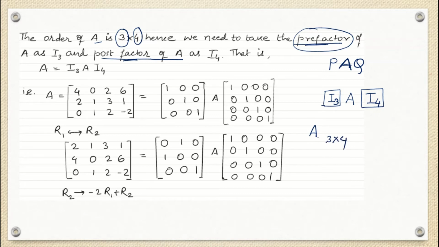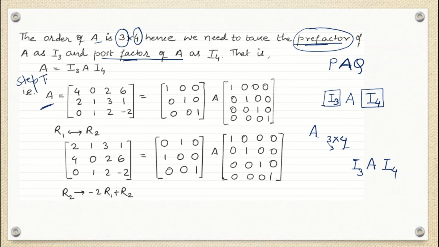To find the rank of the matrix using this specific method, I am going to write the matrix A between the prefactor and post factor. The prefactor and post factor both will be identity matrices. The prefactor of A will have order 3 and the post factor of A will have order 4. This will be the arrangement, and I am going to relate it with this matrix A. So this is step number 1, a very important step.